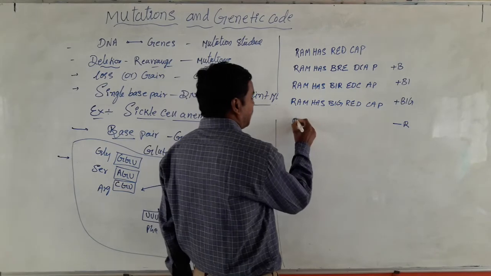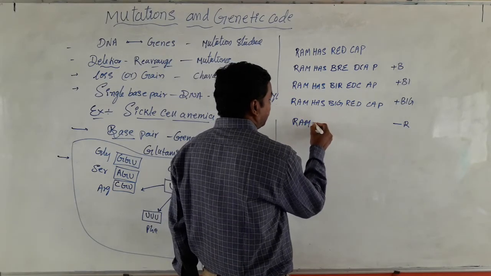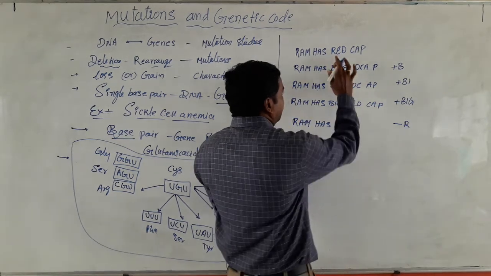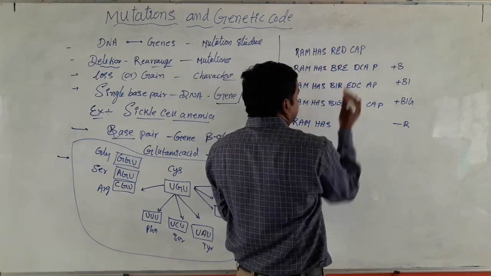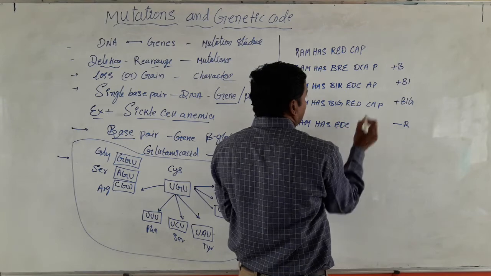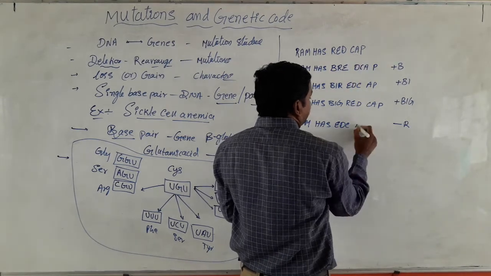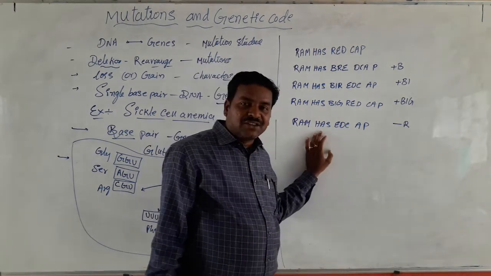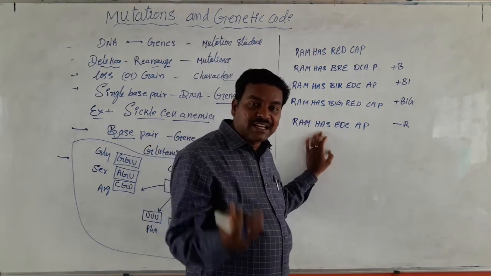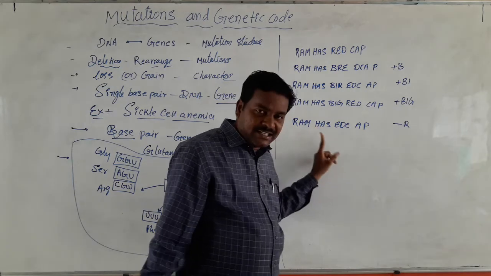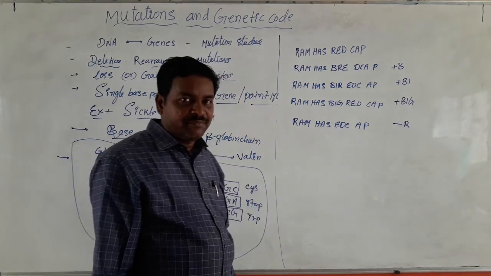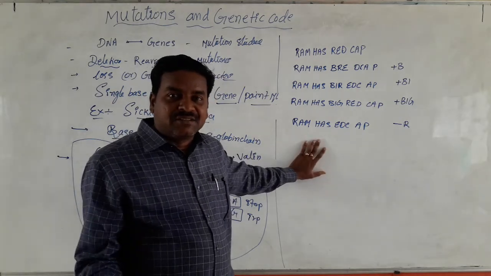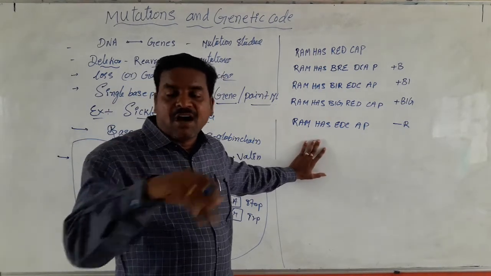Ram has, here R is deleted, EDC, and AP. When R is deleted, here also the reading frame is rearranged from where the letter is deleted onwards.